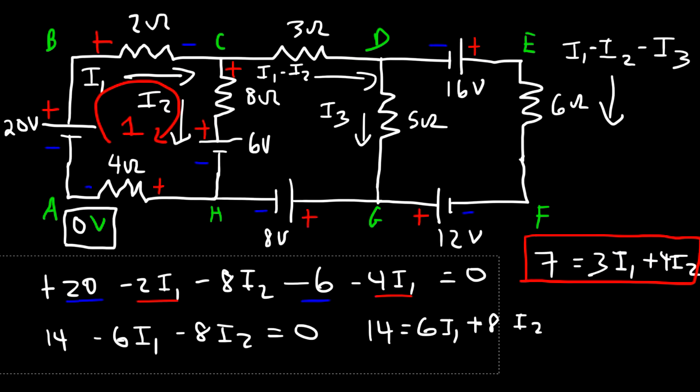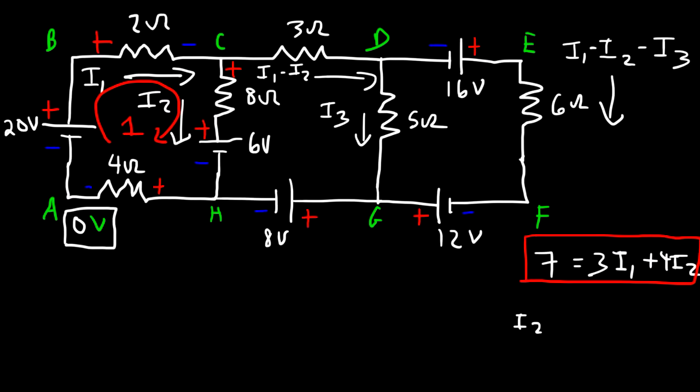Now let's move on to the next loop. So let's call this loop 2. Let's go in this direction. So we have a voltage lift of 6 volts.